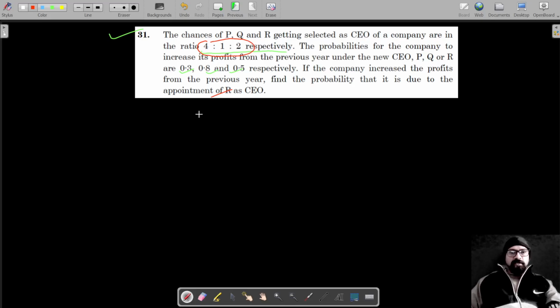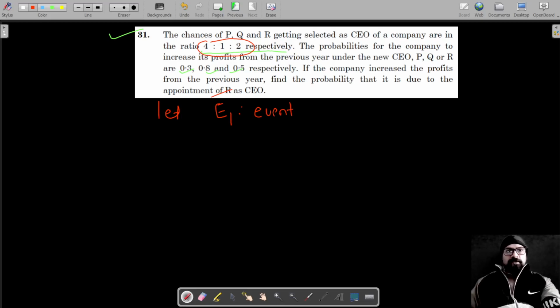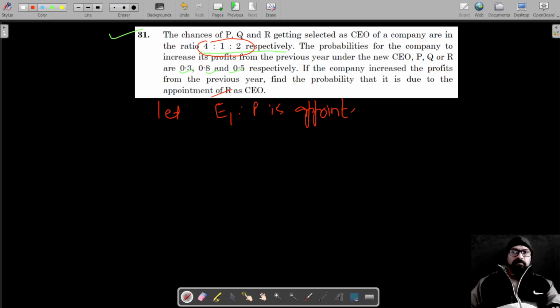So it's in the ratio 4 is to 1 is to 2. Let's create the events. Let E1 be the event when P is appointed as CEO.